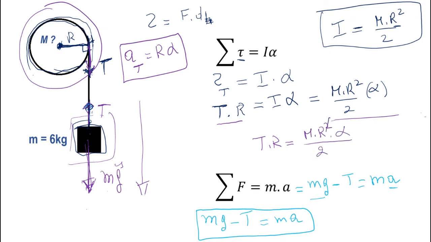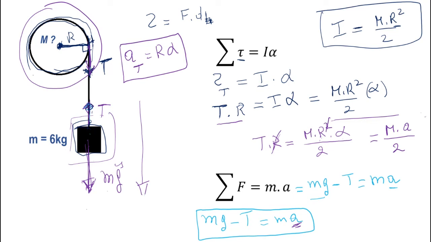One R vanishes, and it will be just M times r times alpha, because we have one r left. R times alpha is just the tangential acceleration, which we call acceleration. This is divided by 2. So T equals the mass times acceleration divided by 2.